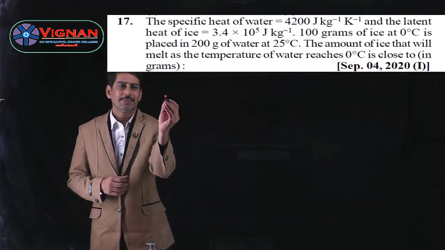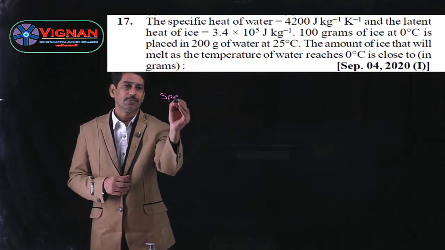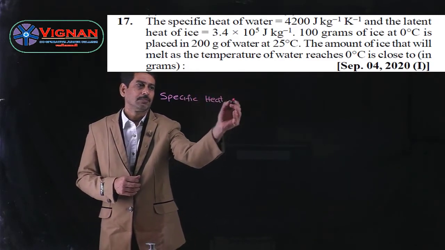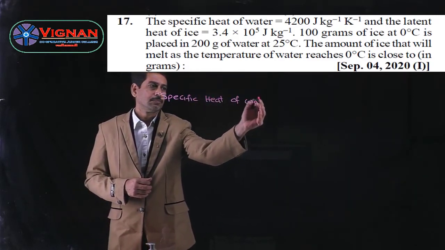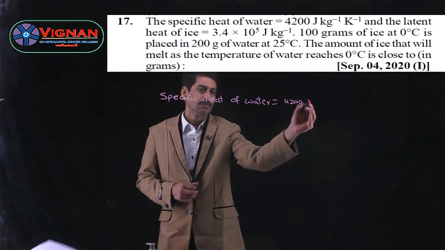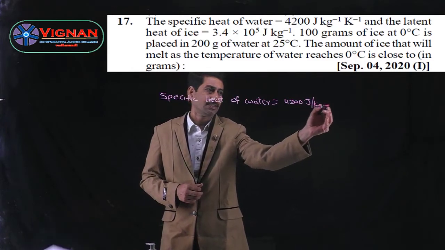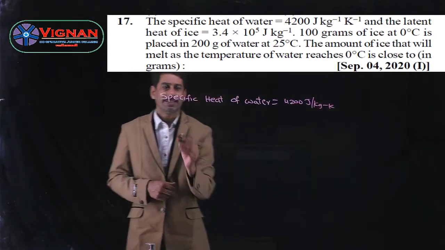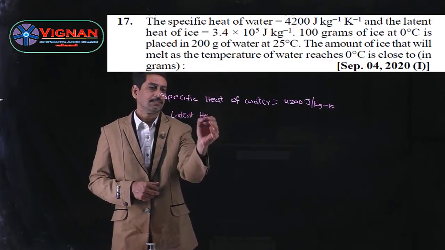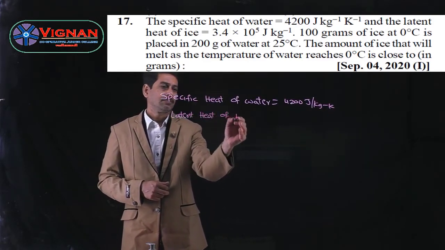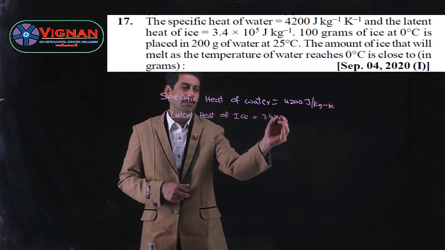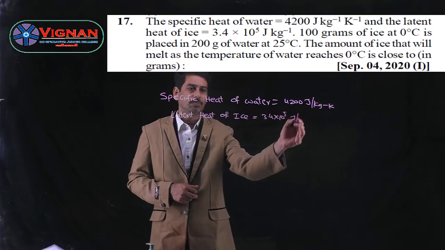So here the data given is: specific heat of water is given as 4200 joule per kg Kelvin, and the latent heat of ice is given as 3.4 into 10 power 5 joule per kg.